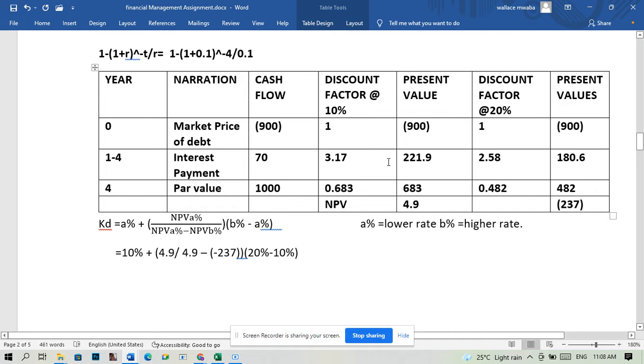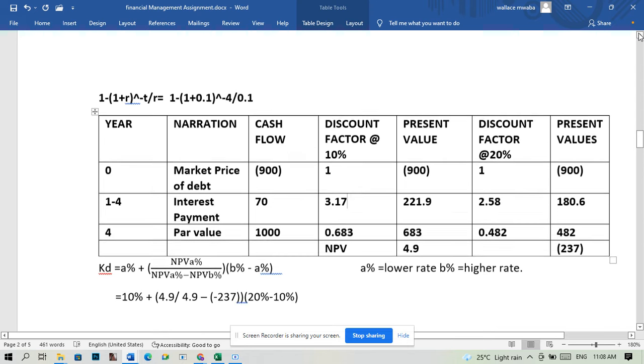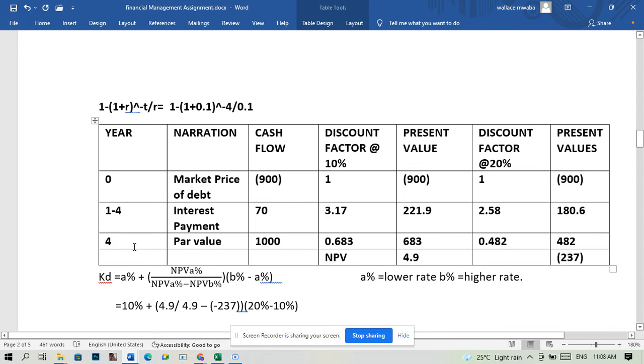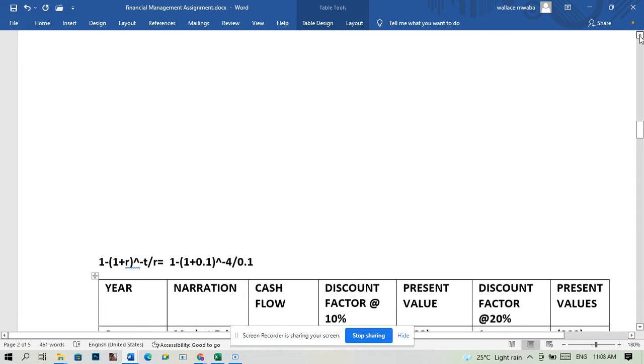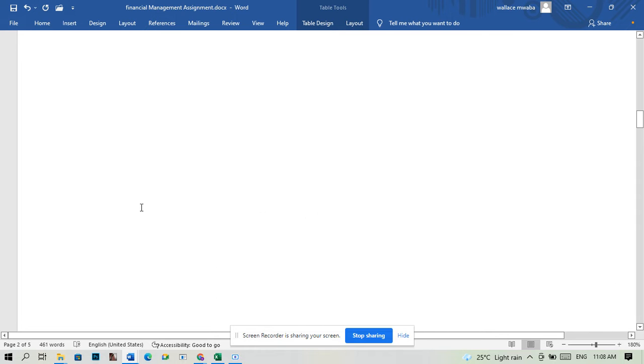And that's how we get the 3.17 here, right? And then for the power value, we'll refer back to this formula. On year 4, you're going to write the power value was 1,000. Then the discount factor you're going to use is the same one we used here, the 1 plus r.